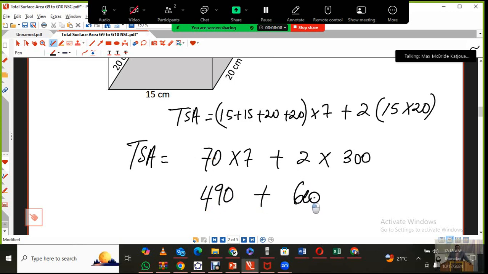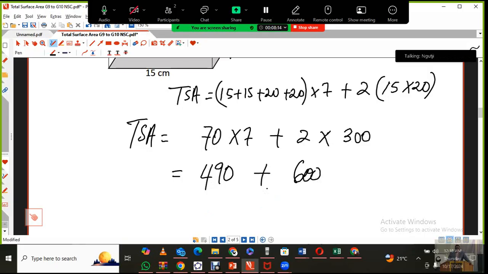If you add 600 to it, what do you get? 1090. So that's the answer. 2, what happened to the 2? I multiply here. 2 times 300 is 600, né?